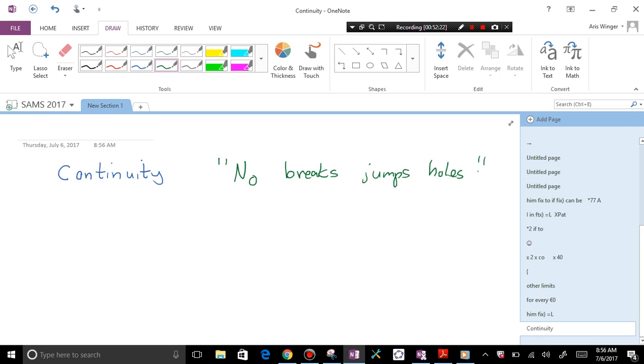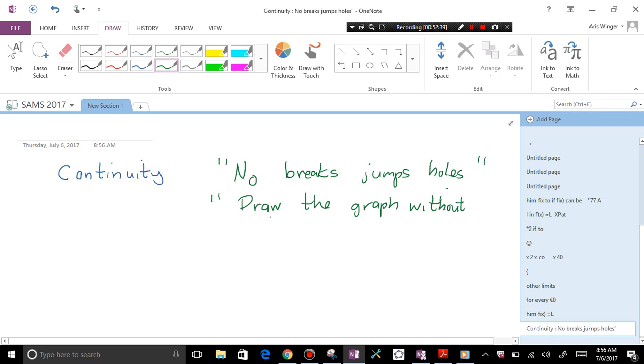You should be able to draw the graph without lifting a pencil. So the street version is the version you would tell somebody on the street. They come up to you and say, "Yo, my life is on the line. What does continuity mean?" And that's what you tell that person, right?